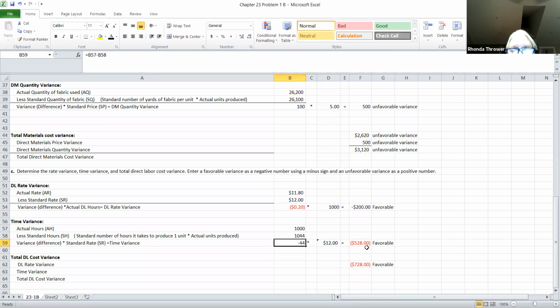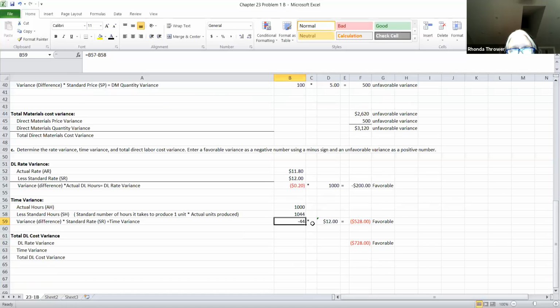And so you'd want to investigate this favorable variance. It may be that you have hired employees that had a lot of experience to do the job, and because of that, it took you less hours than what it normally would have. But anyway, you want to investigate it.